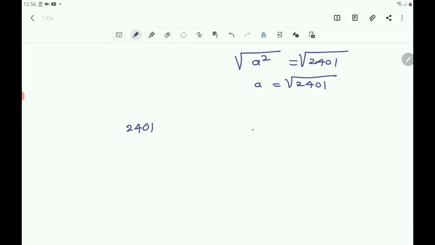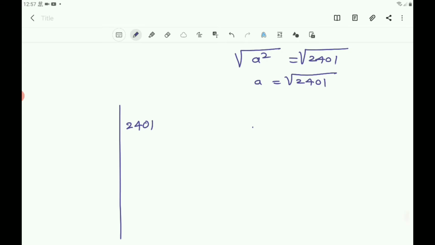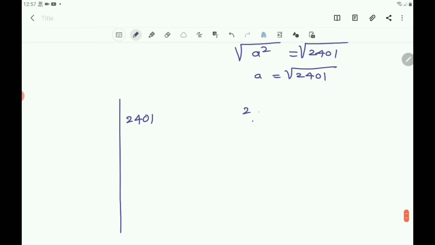Find the factors of 2401. 2401 is not divisible by 2, and the sum of the digits is 2 plus 4 plus 1, that is 7, so it is also not divisible by 3, and it is not divisible by 5. Then you try it by 7.